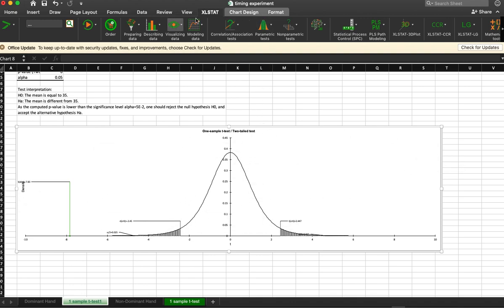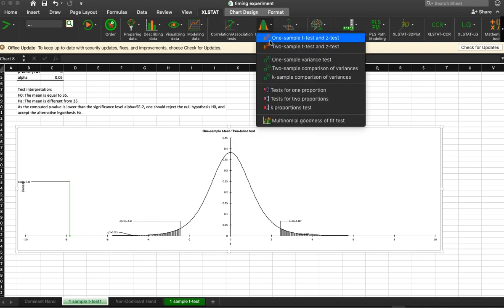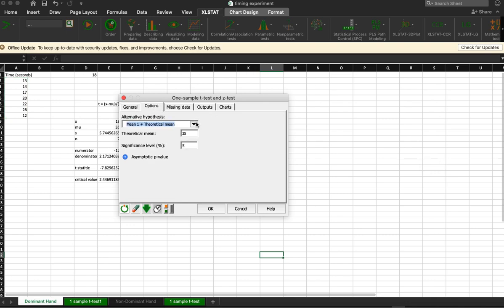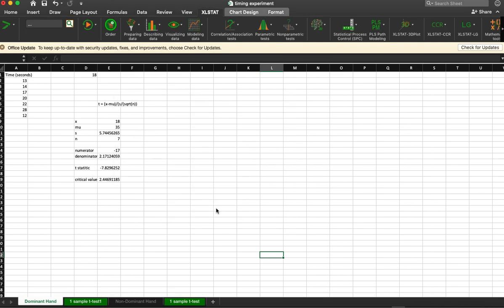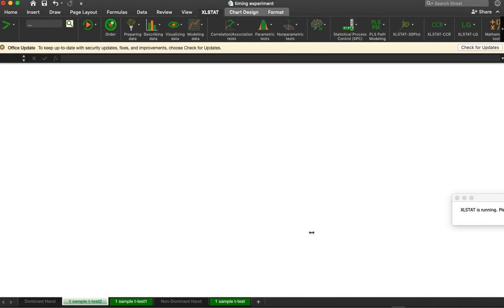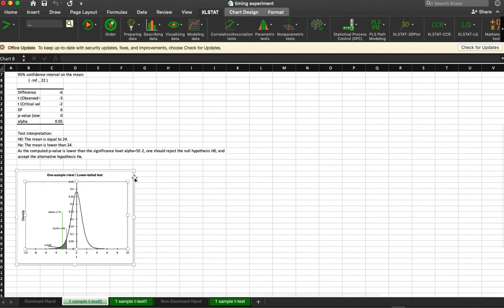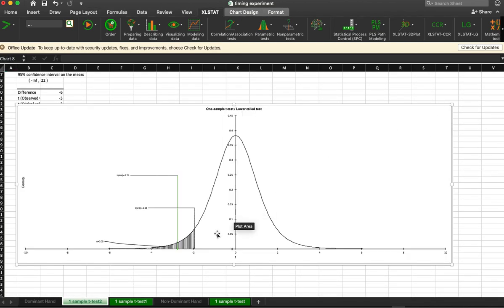This can also be helpful when we're talking about our one-tailed tests. So I'm repeating this process again. Let's switch this to a one-tailed test. I'm also going to change our theoretical mean from 35 to 24. And you can see on this version of the test that this is a one-tailed test.